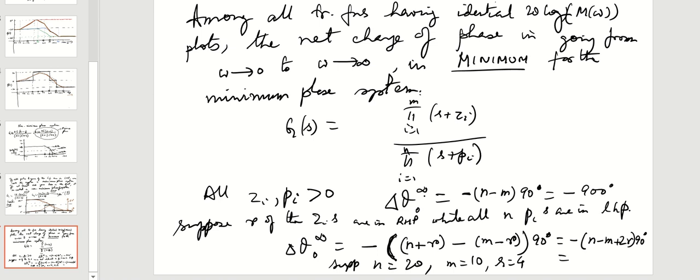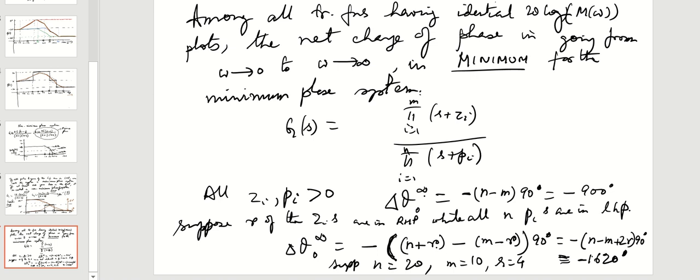Whereas this turns out to be 10 plus 2r, which is, r is 4, right? Yeah, 4 2s are 8. This is 18 into 90 degrees, is it not? So how much is that? 18 9s are 162. 1620 degrees. So that is going to be the net phase change in going from 0 to infinity.